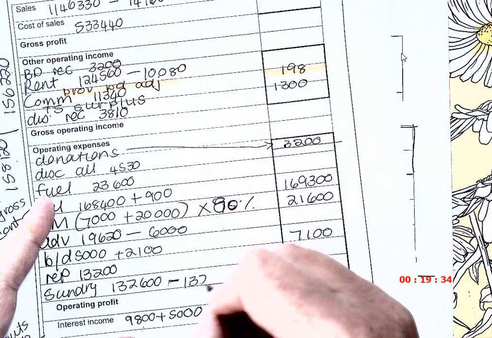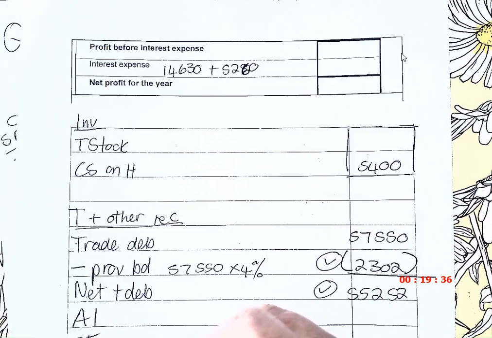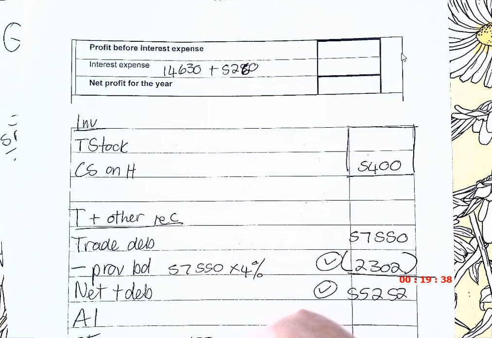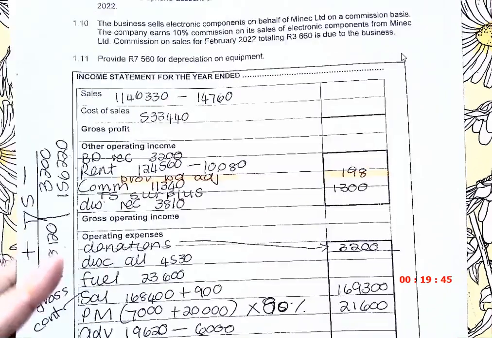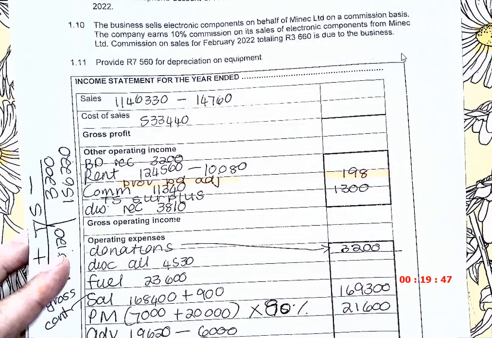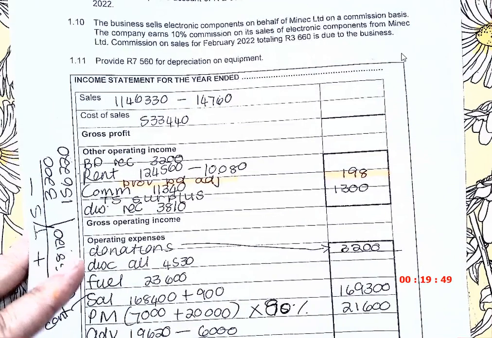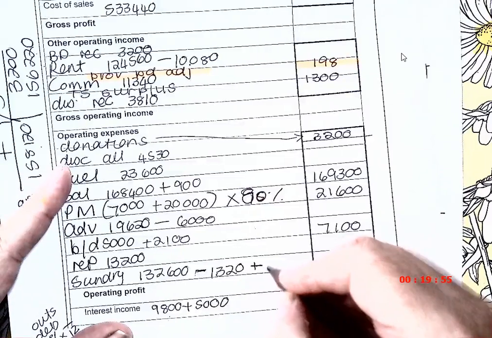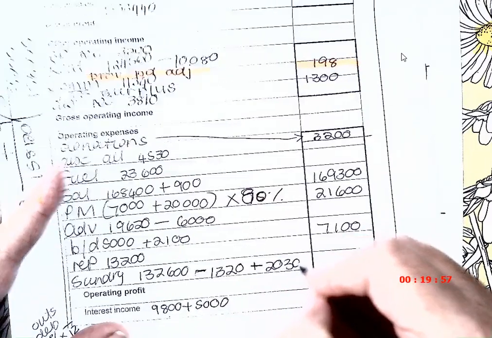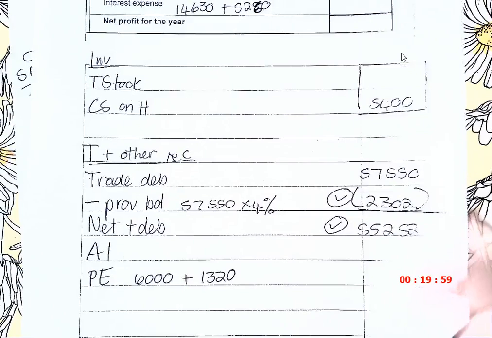So my prepaid expense 1320. Then the telephone will only be paid next month, so that's accrued. So I'm going to add 2030, and that's going to go to accrued expense.